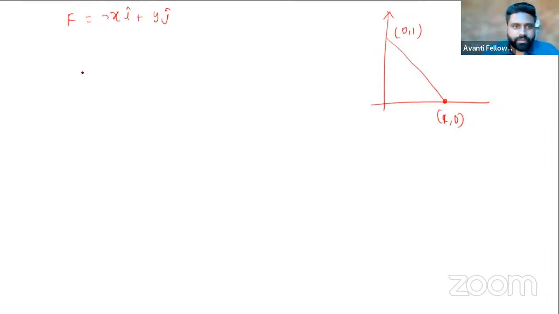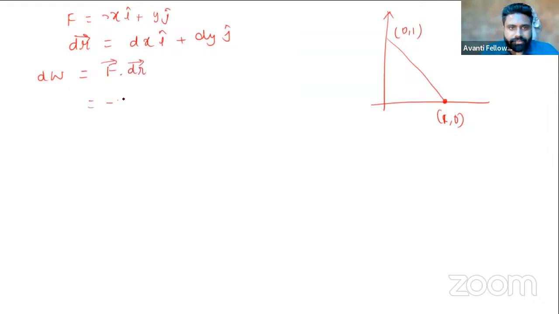So the differential displacement vector dr, we can consider as dx i cap plus dy j cap. Now the small work dW for this displacement is F dot dr.